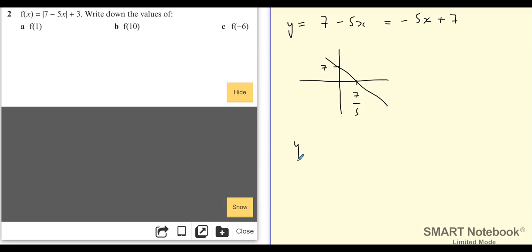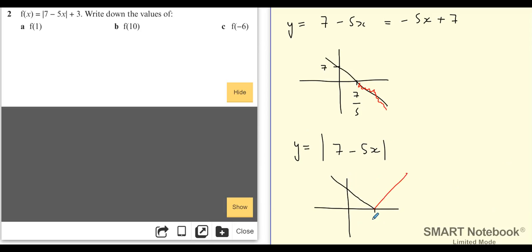The next step that we are going to do is look at the modulus of 7 minus 5x. And so anything that previously had negative y values is now going to turn positive, so it ends up looking like that.